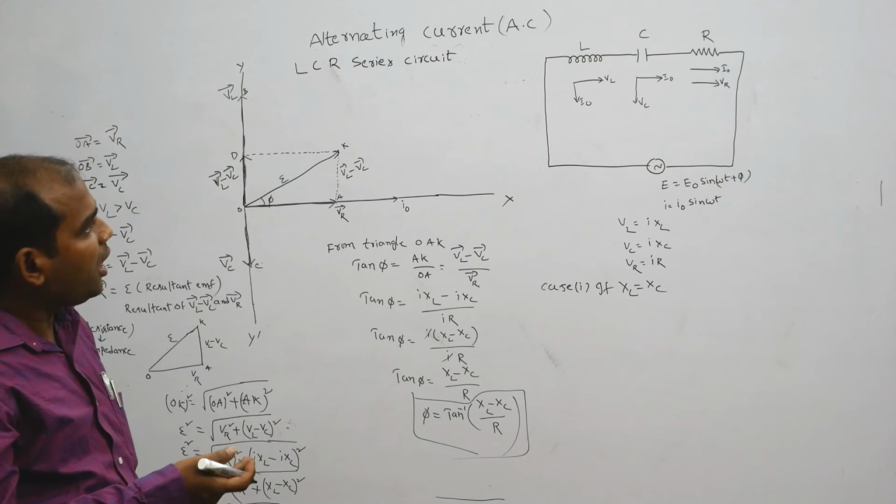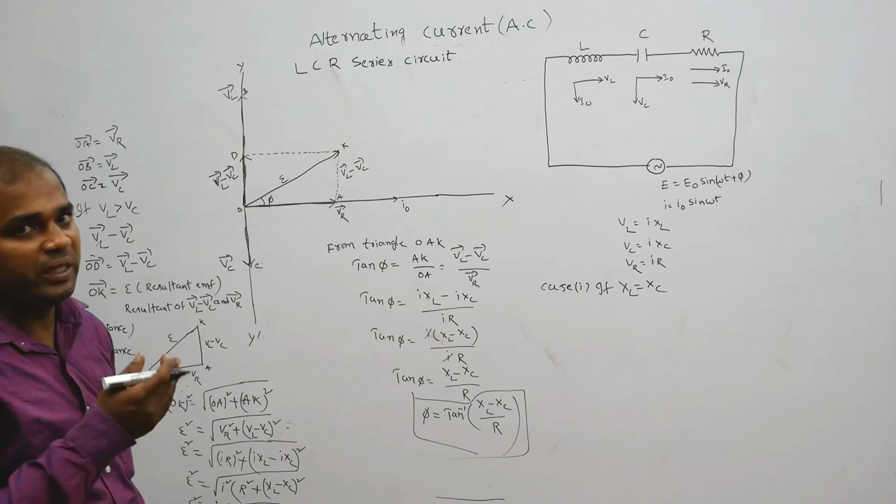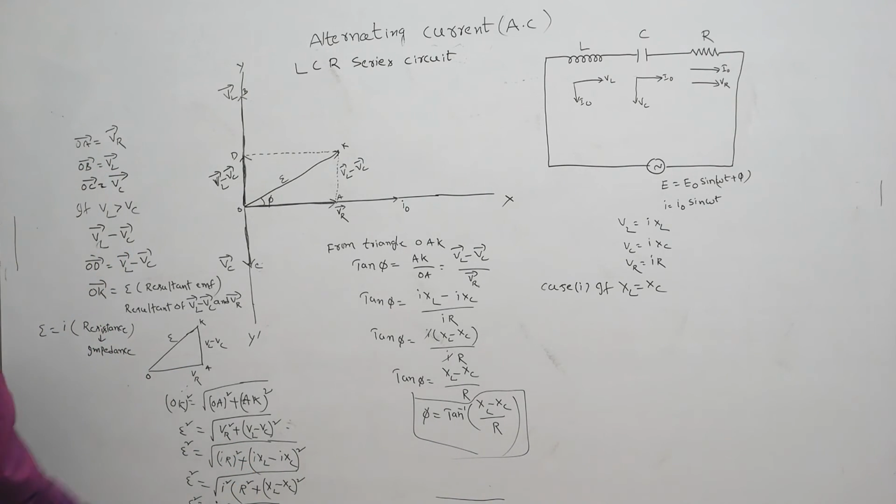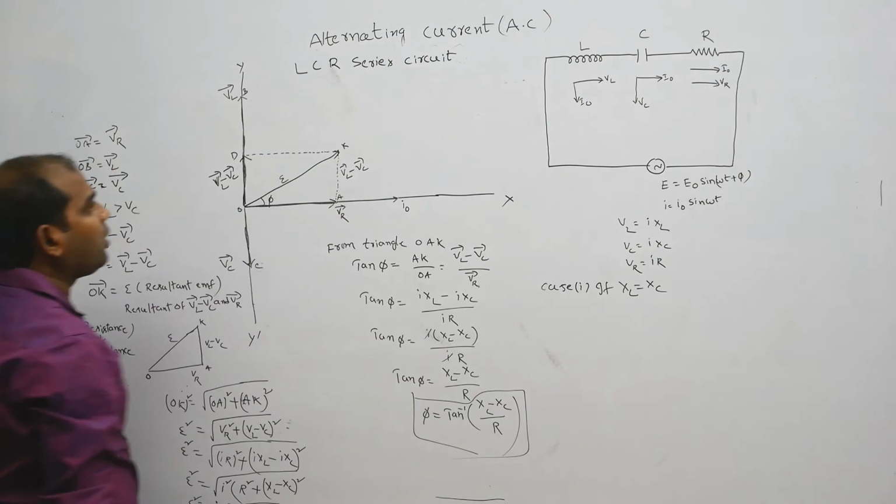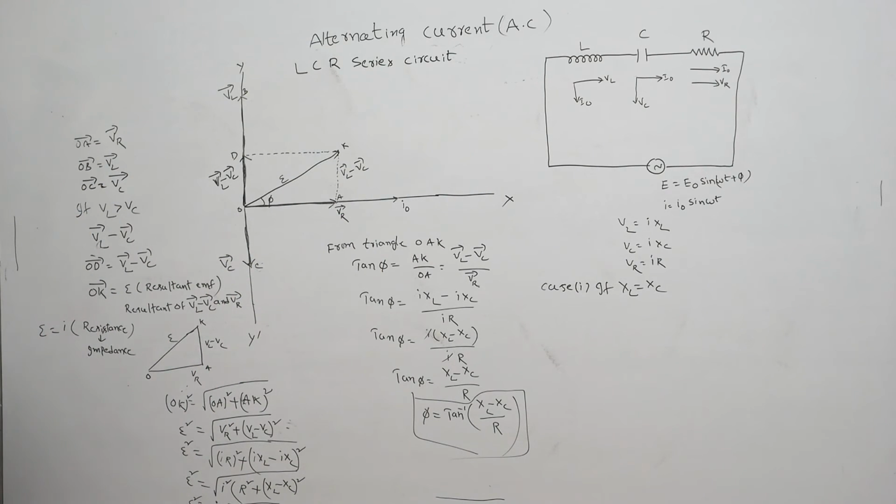The resistance offered by a capacitor is called capacitive reactance. In the same way, all three components together offer some resistance. That resistance offered by the whole LCR series circuit together is called impedance. It is denoted by letter Z.